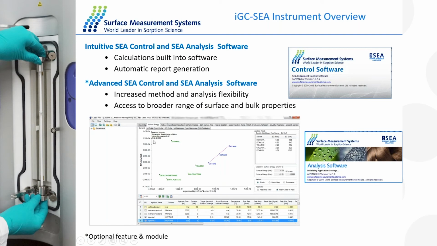As you can see from a few of the tabs at the top, there's a few different things that we can do with the SEA. We can measure surface energy, isotherms, and BET surface area. So we can do a wide range of different types of analysis. It's important to note that it's an automatic analysis, so it doesn't require much input from yourselves. And we can also generate reports for each different method and each different measurement.